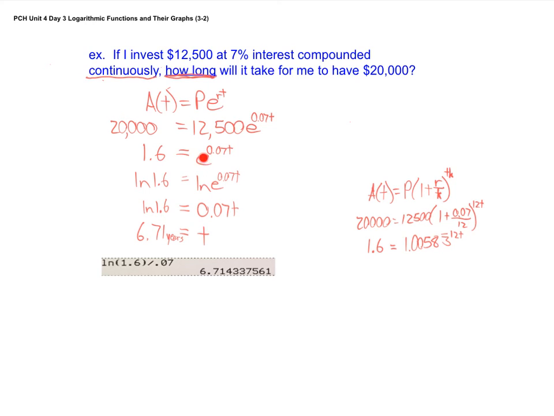We have a base, so we take the log with that base. What makes it a challenge is that our base happens to be this 1.00583 repeated. So we're going to take the log with that base, 1.00583 repeated, of 1.6, and that will equal 12t.